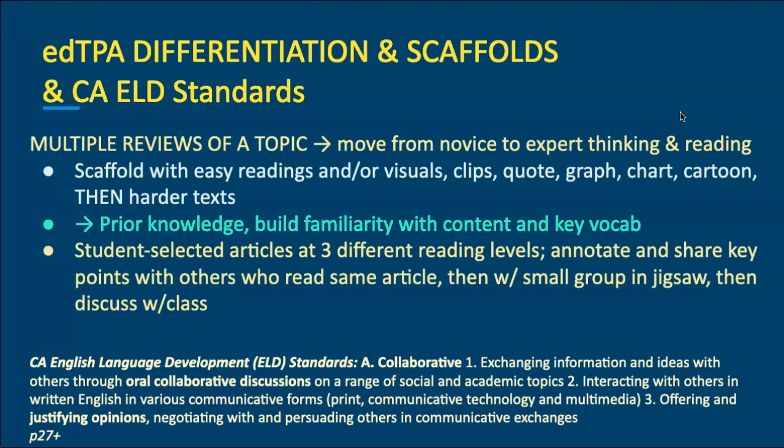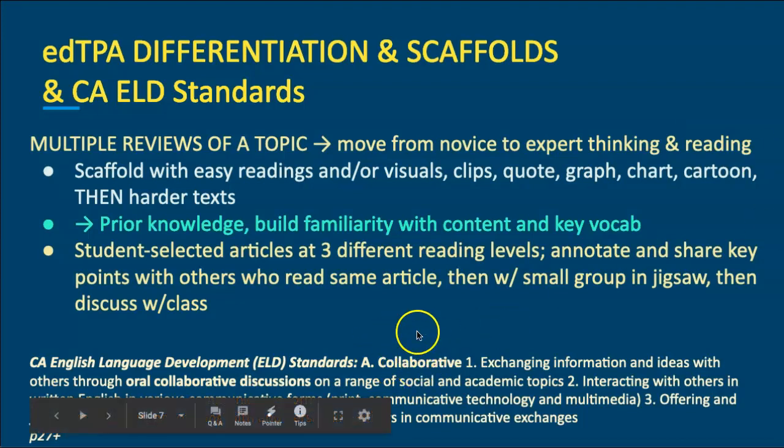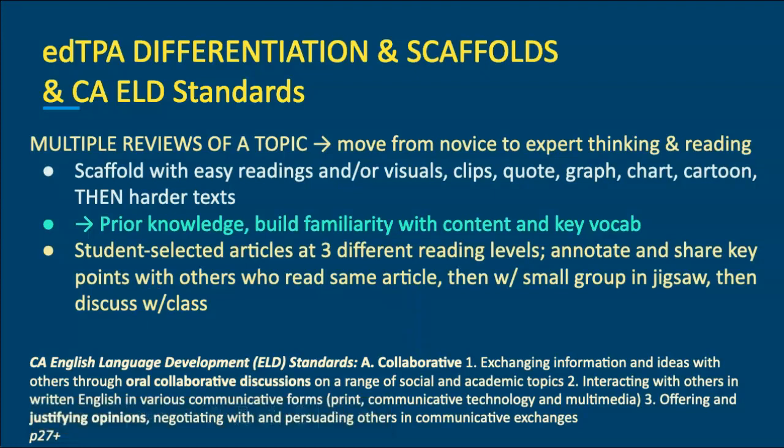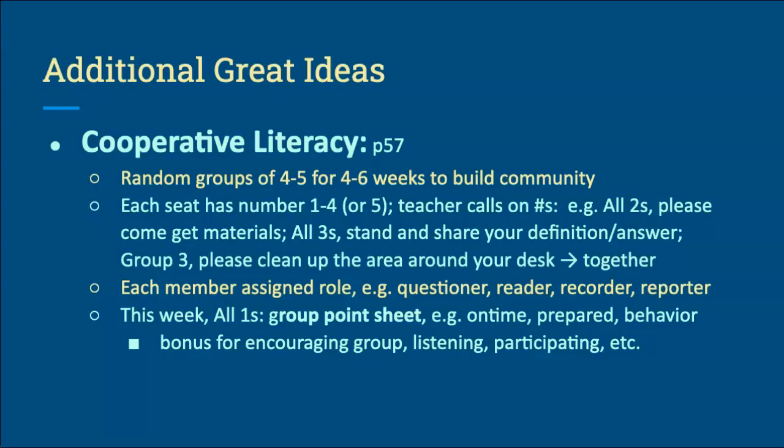And then maybe they go back to their original group and share those articles with their group members as a jigsaw, and then lastly discuss with the class. This is a really great way for students to collaborate, which is an ELD standard, through oral collaborative discussions, and this helps them justify opinions as well.